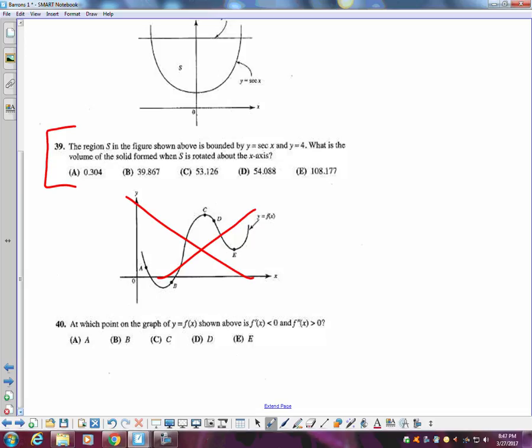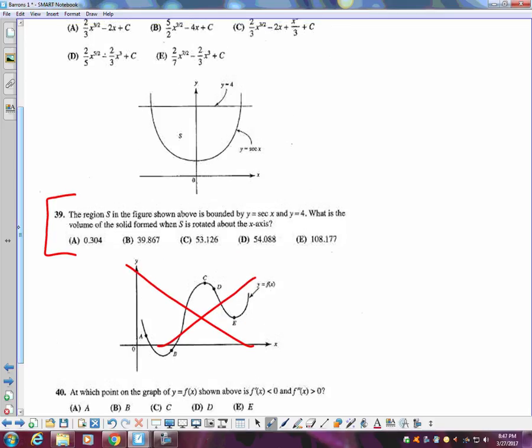It's just this right here. And this is on a calculator active section. It says the region S in the figure shown above, so that's this guy, is bounded by secant x and y equals 4. What is the volume of the solid formed when S is rotated about the x-axis?